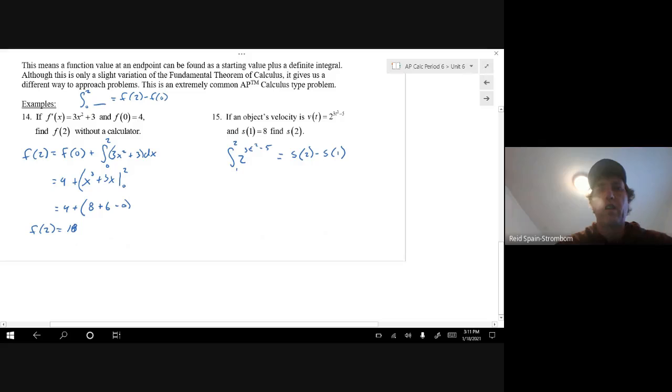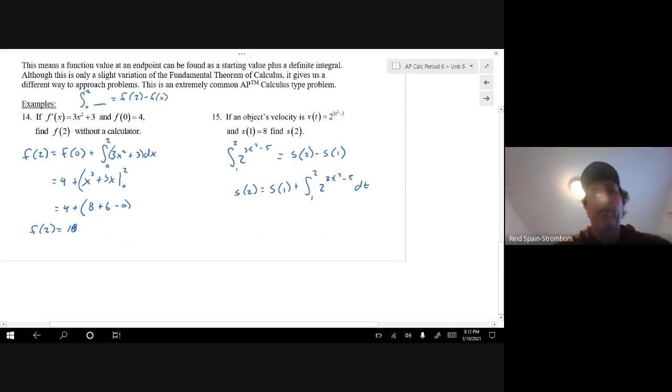And so if we wanted to find s of 2, we could say that's going to be s of 1 plus the integral from 1 to 2 of 2 to the 3t squared minus 5 dt.